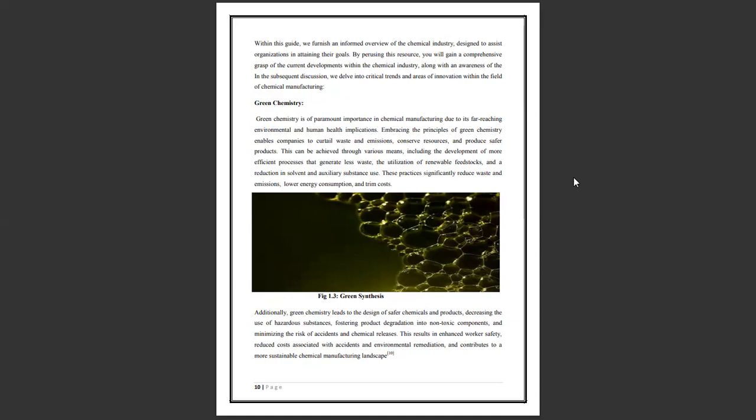Number one, look at green chemistry. Green chemistry is of paramount importance in chemical manufacturing due to its far-reaching environmental and human health implications. Embracing the principles of green chemistry enables companies to curtail waste and emissions, conserve resources, and produce safer products.